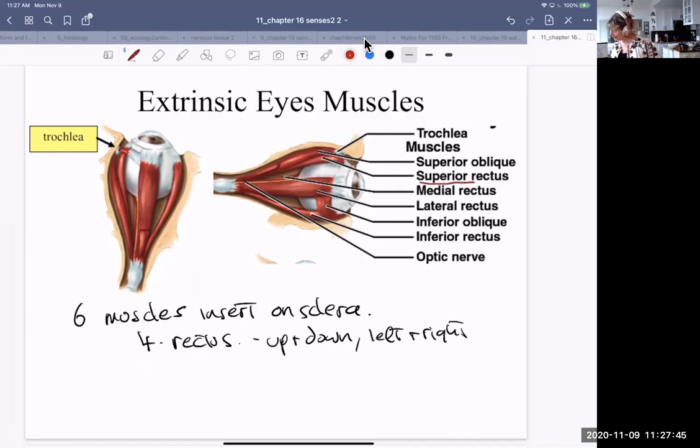There's the superior rectus muscle, the medial rectus, the lateral rectus, and the inferior rectus.